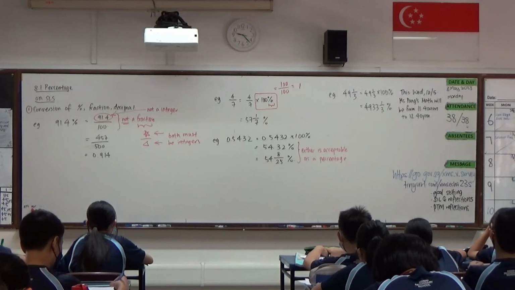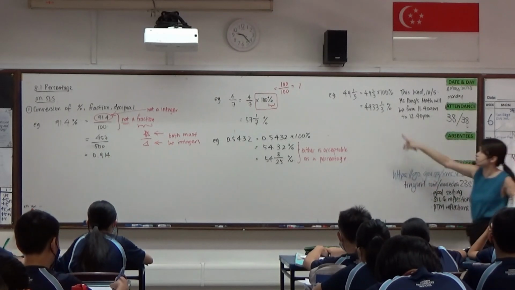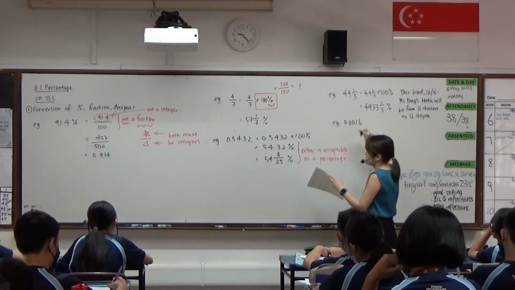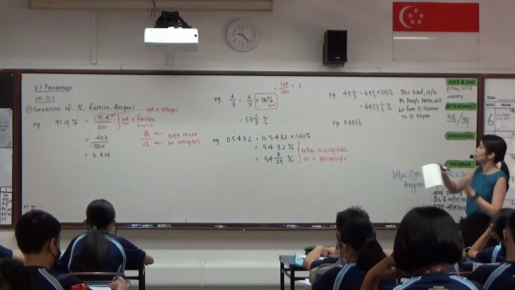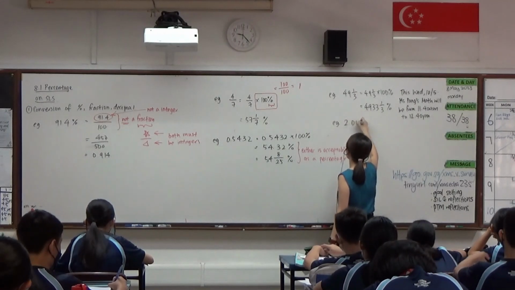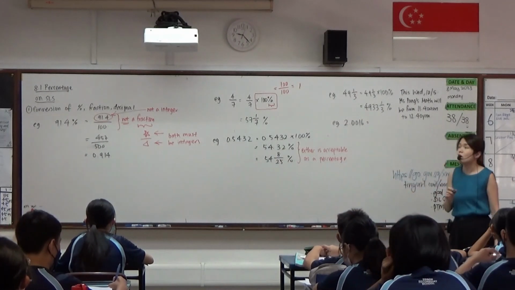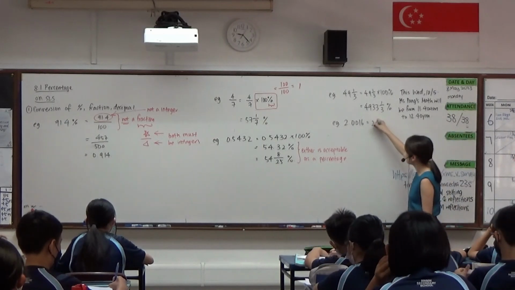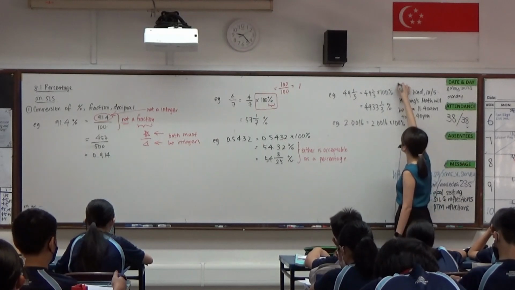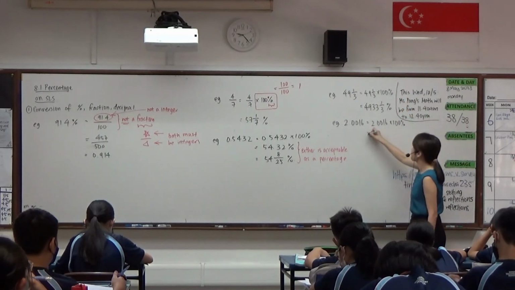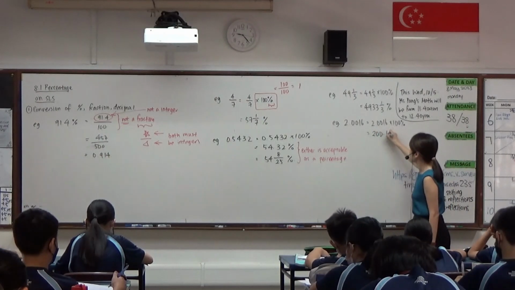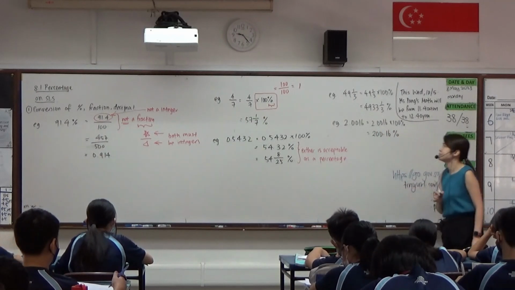And then we did one last one. Since we did a mixed number over here, let's do another small one. If I have 2.0016 and I want to convert it into a percentage, so 2.0016 times 100%, and we will get 200.16%.